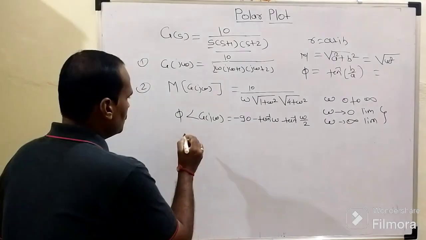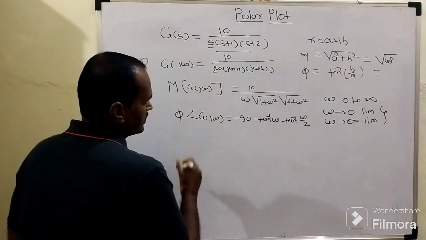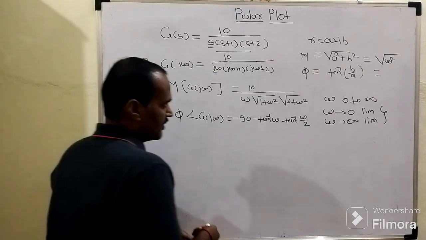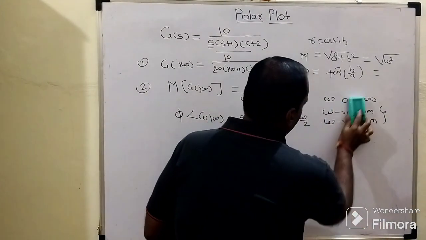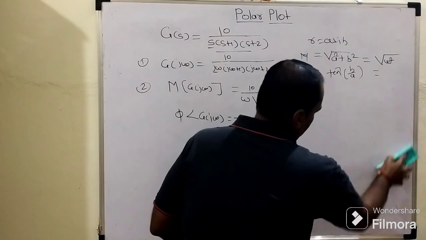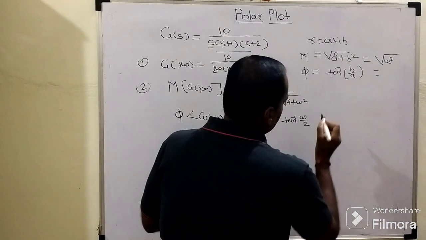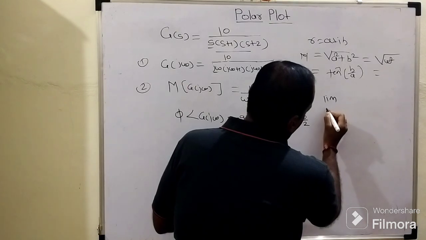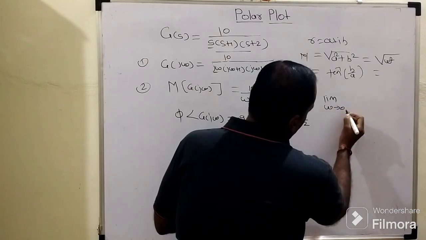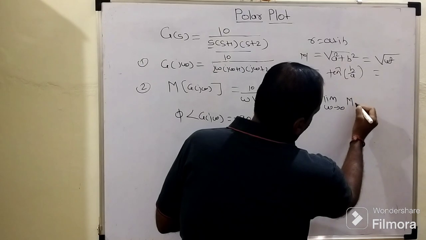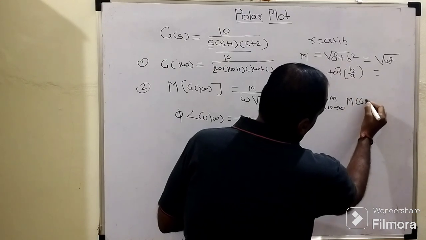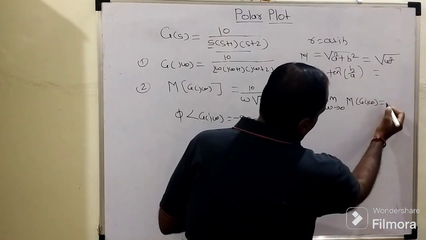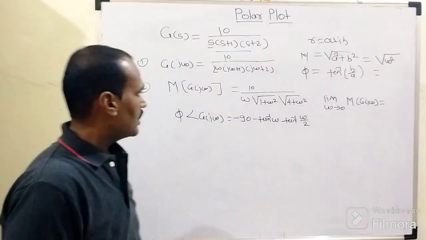So let us quickly go through the magnitude of this open loop transfer function. With the help of this limit statement, when omega tends to 0, the magnitude of this g of j omega equals what?